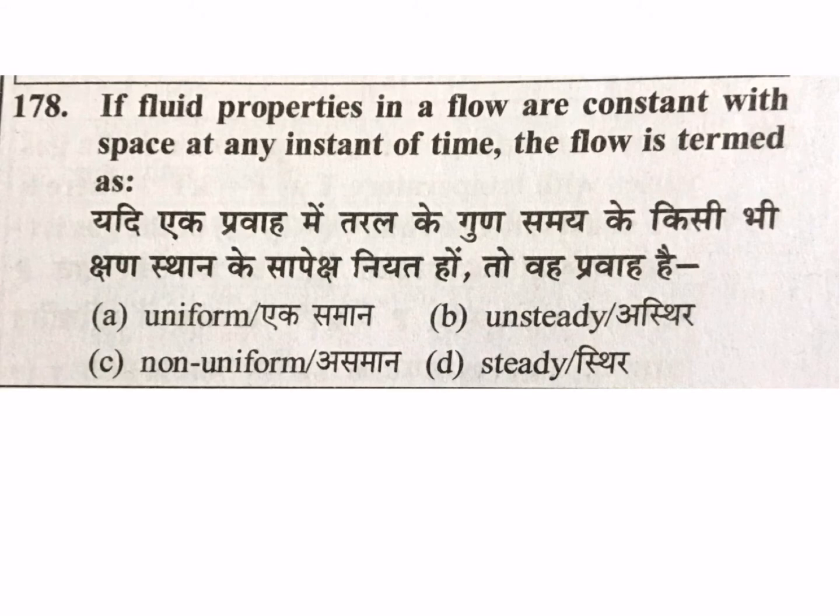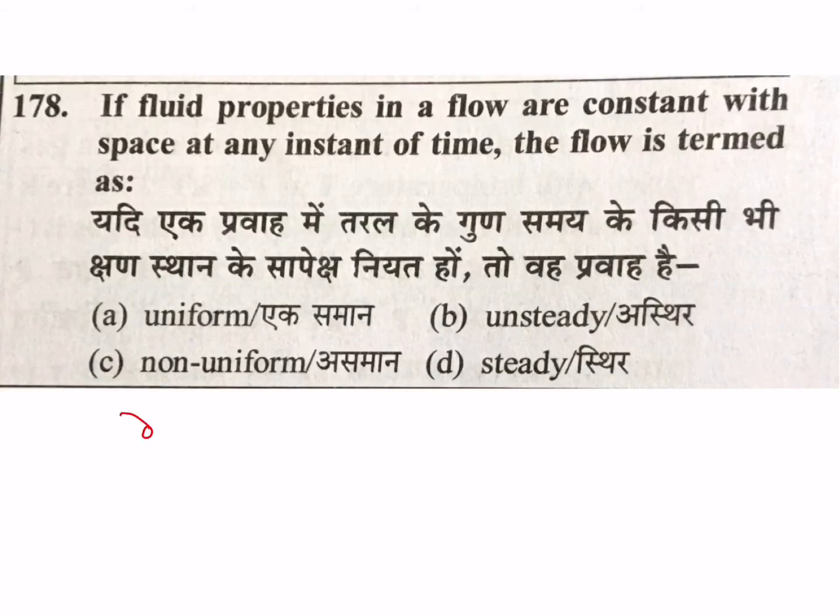Question number 178: if fluid properties in a flow are constant with space at any instant of time, the flow is termed as dash. With respect to space, already discussed, any property with respect to time not changing, this is steady flow.